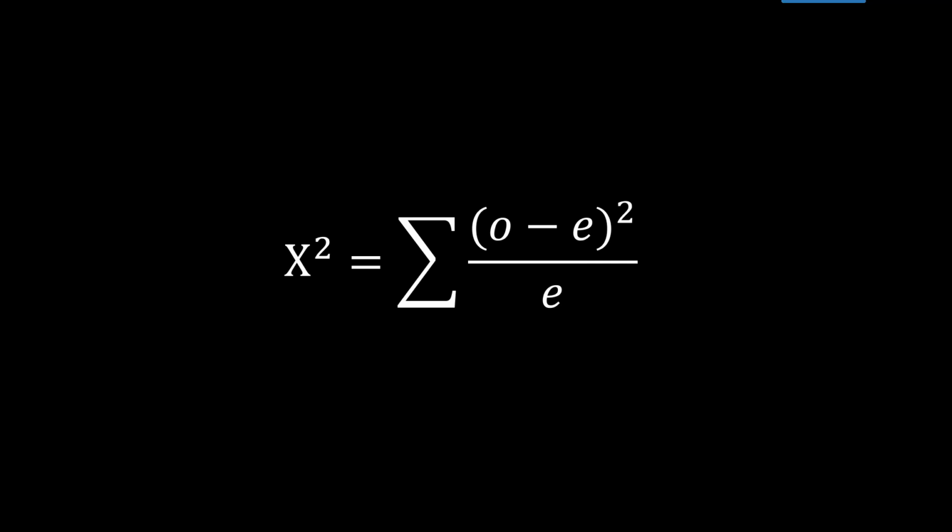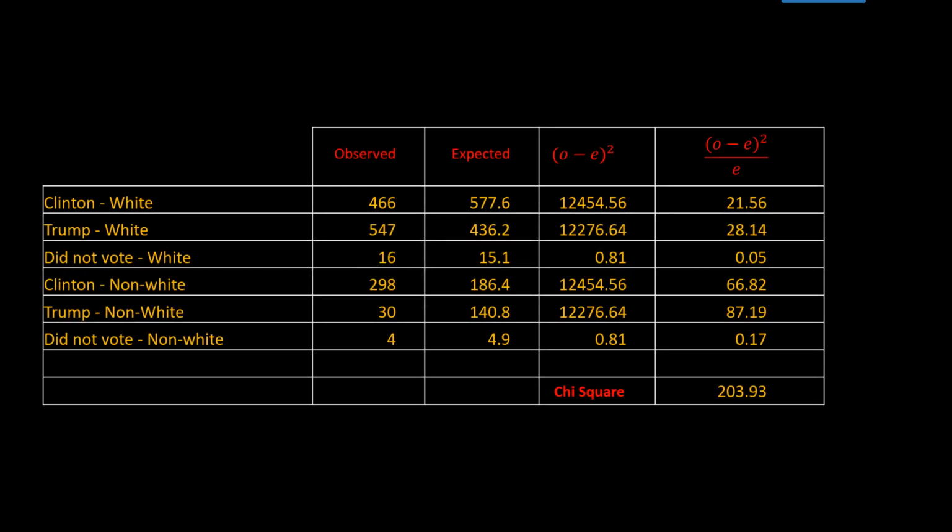We'll use a summation table to do that, and here it is. The observed and expected columns were transferred from the table in the previous slide, and the rest is simple arithmetic. The chi-square value we computed here is 203.93.